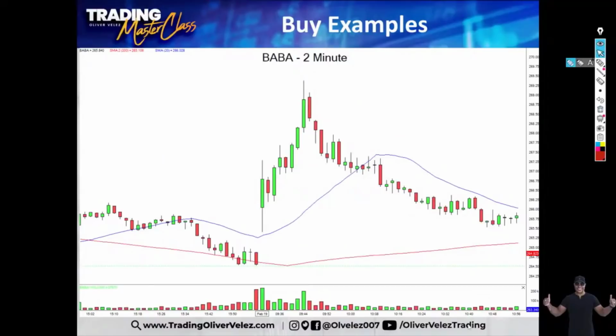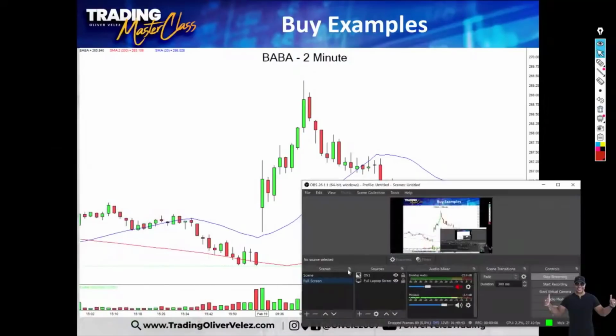All you need, listen, traders. Once again, this is not rocket science. Think about what I've taught you so far. I've taught you that there are 2 colors, green and red bars.